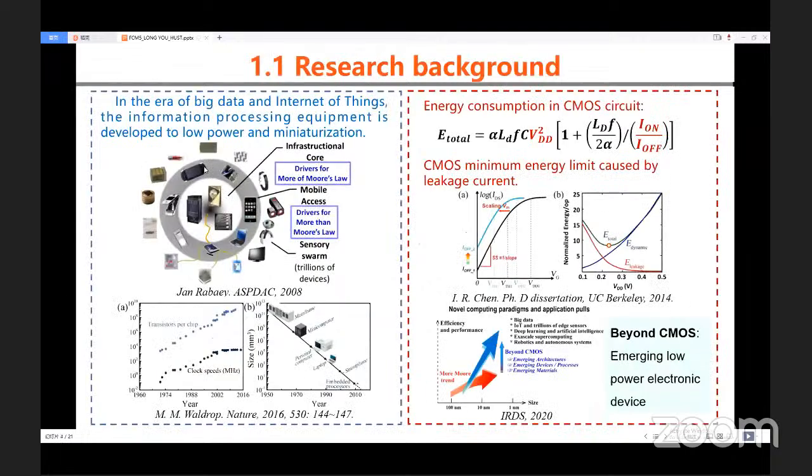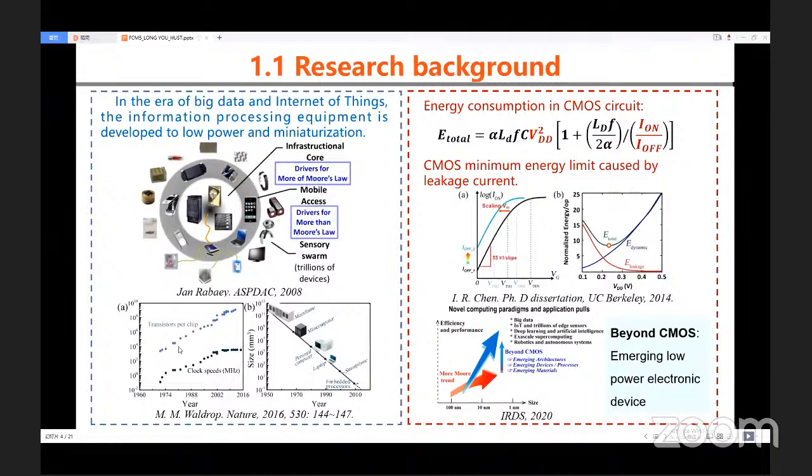Faster speed, miniaturization, high density, and low power consumption have become important goals pursued by electronic devices in the future. In order to meet the booming development of information technology, it is urgent to study low-power devices.